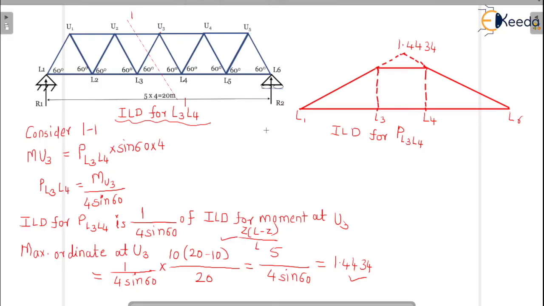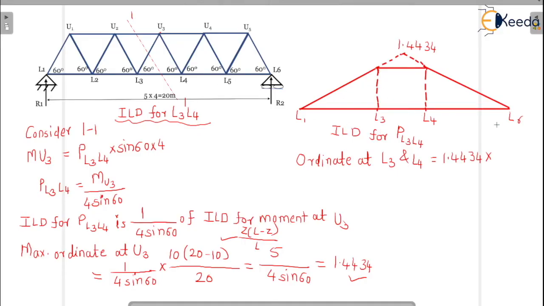Now let us find out the ordinates at L3 and L4. We know this center ordinate is 1.4434, and this particular distance is 5 meter.